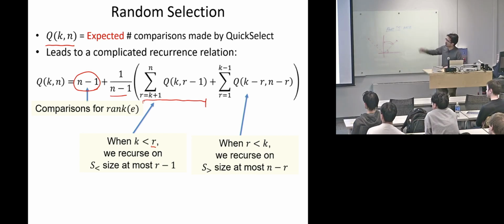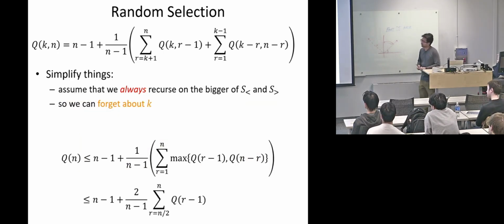Okay, so that looks complicated and we don't plan to analyze this. It's just too complicated. So what we're going to do instead is simplify it so that it looks more manageable to work with.